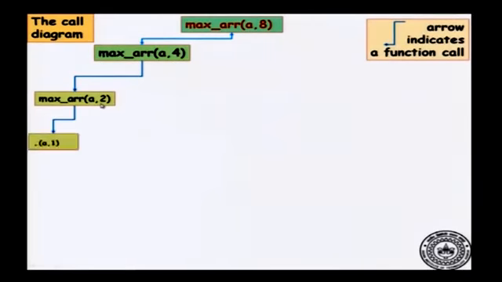That itself has a subproblem max array a comma 1. In order to abbreviate, I will just put a dot there, but that dot is supposed to signify max array. Suppose this is a base case. It contains only one element, so the only element is the maximum. So it returns that value to max array a comma 2, which is one of its subproblems.